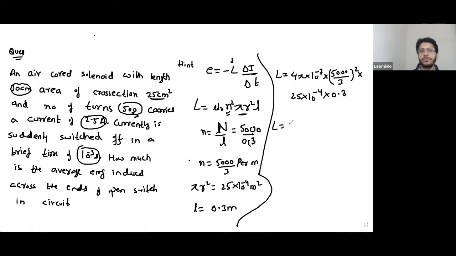So this is 25 into 4, it's 100 pi into 10 raised to the power minus 7 into minus 4, it's minus 11. 5000 by 3 square is 25 into 10 raised to the power 6 by 9, multiplied by 0.3. So your L comes out to be 25 into 0.3 by 9 pi into 10 raised to the power 6 minus 11, and 6 is minus 5 plus 2, minus 3.